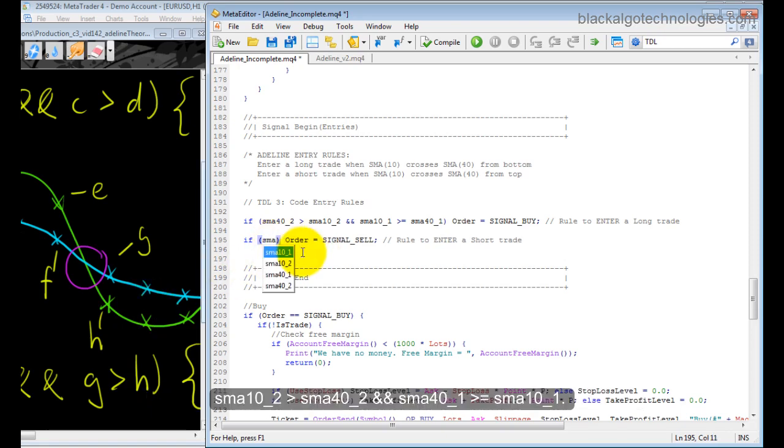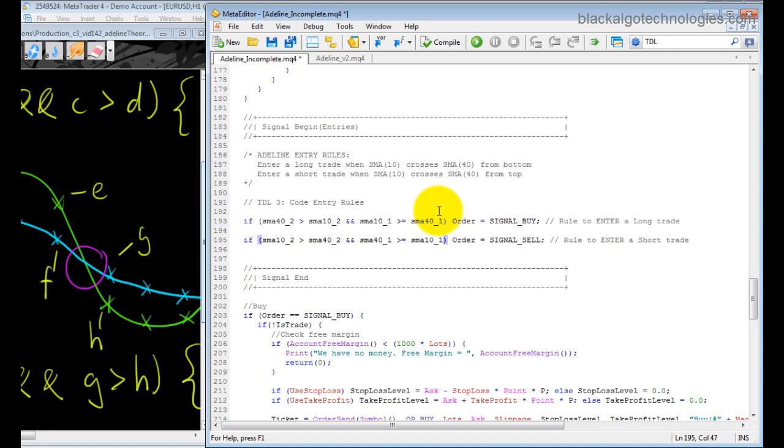So SMA 10 2, which is E in this case, is greater than SMA 42, and SMA 41, which is G in this case, is greater or equals than SMA 10 1, which is H in this case. And we are done with the entry rules.